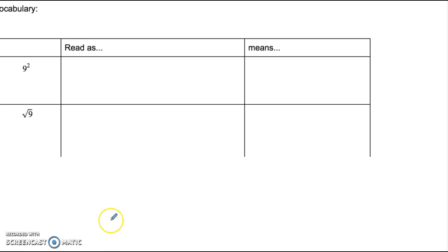All right. So now we're going on to some vocabulary before we get into the next lesson. So some of you, and you should have this worksheet, are not quite sure how to read this. And this is read as 9 squared. Well, what does 9 squared mean?